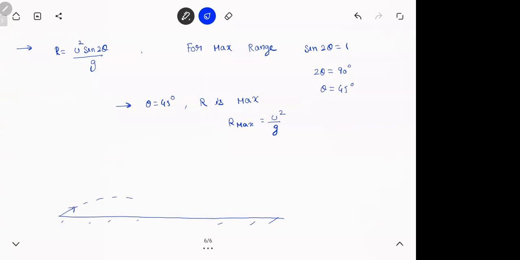So if you throw it like this, let's say this is 10 degrees. If you throw it at 10 degrees, you fall here. Again, if you throw it at 80 degrees, you fall at the same place. So 10 degrees and 80 degrees will give you the same range, but they'll go to different heights. This is 30 degrees.